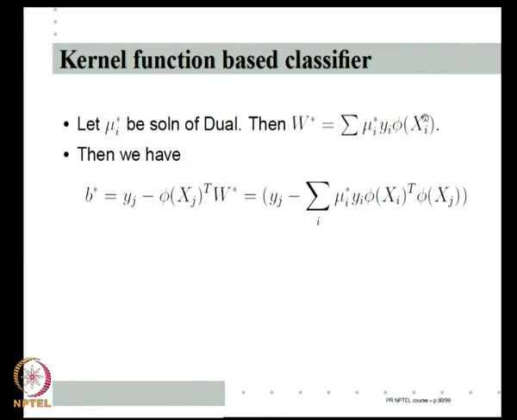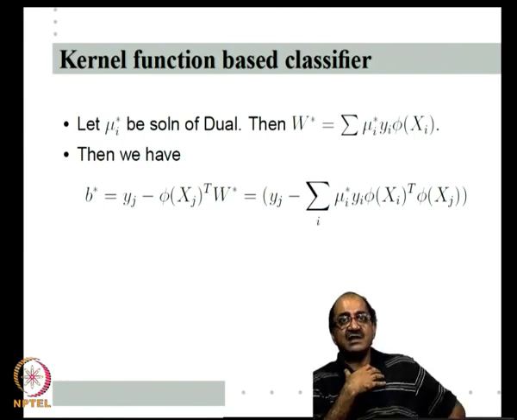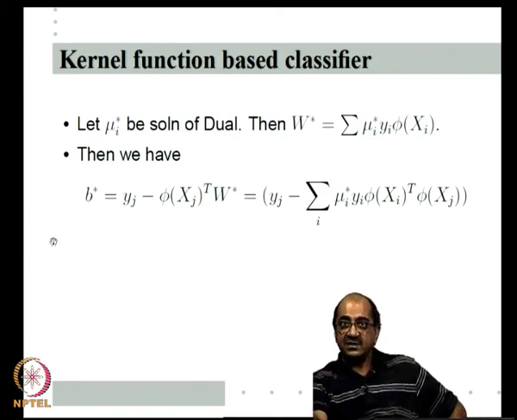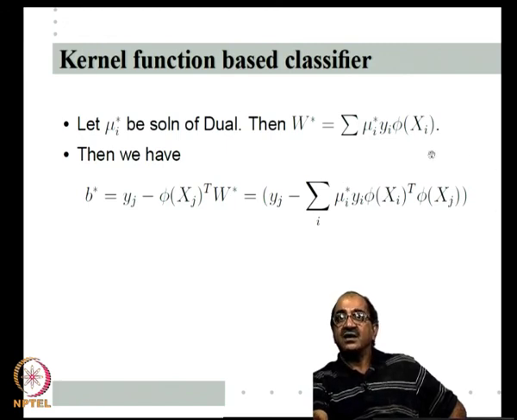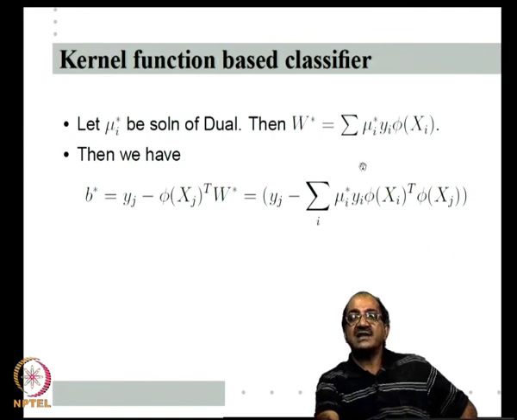Now, W star is given by this, so it will be yj minus the summation over i of mu_i star y_i phi(xi) transpose phi(xj). Wherever phi(xi) transpose phi(xj) comes, I do not have to do any phi computation. I can convert it into the kernel function, and k(xi, xj) is much less expensive than phi(xi) transpose phi(xj). So, to compute B star, I do not need to calculate phi at all. If I know all the mu stars, I can just put k(xi, xj) here and calculate B star.